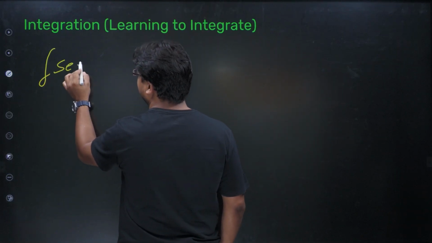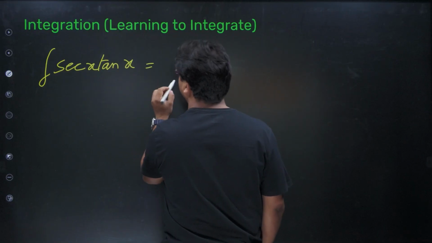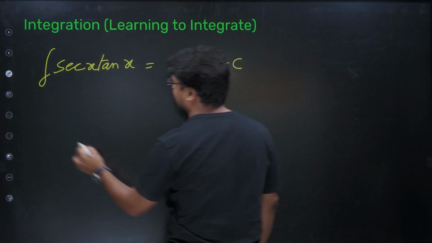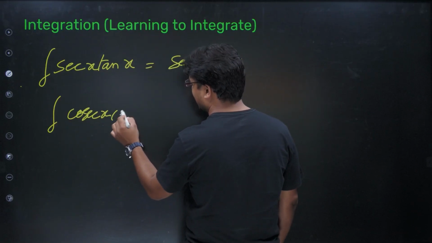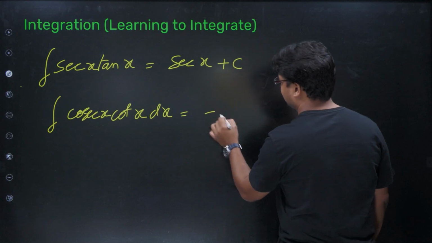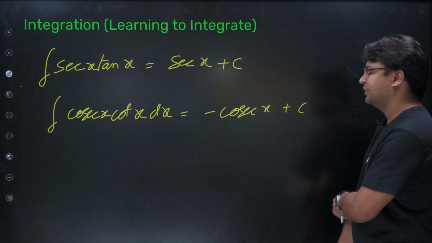So integrating sec x tan x will give us sec x plus c. Integrating cosec x cot x will give us minus cosec x plus c. See this, everyone.